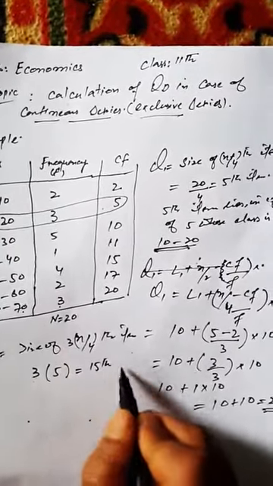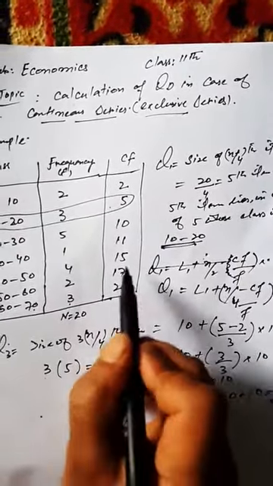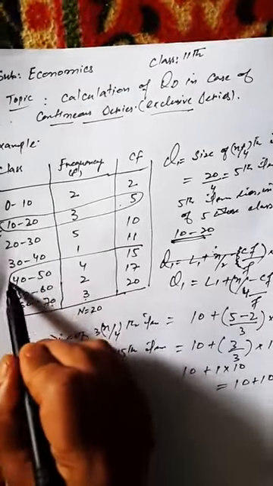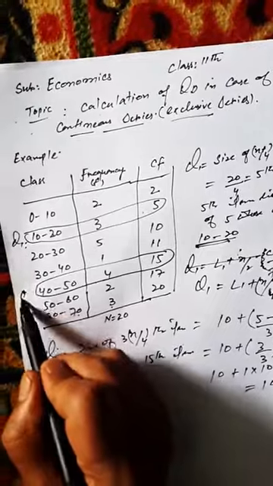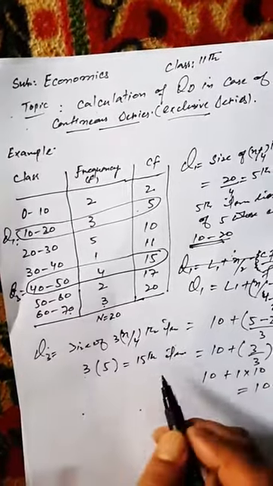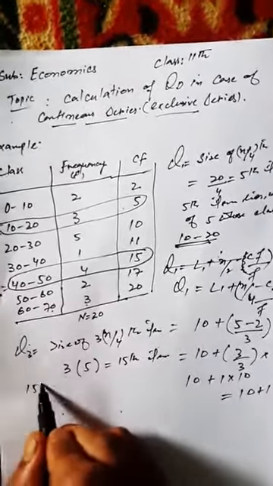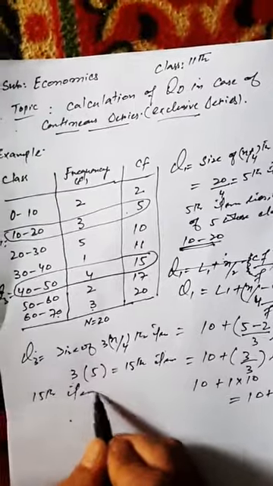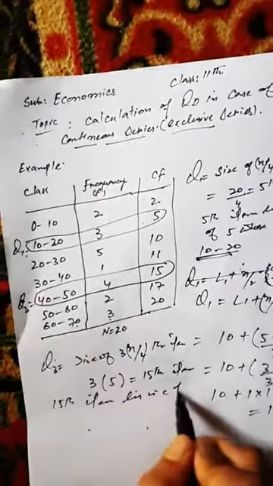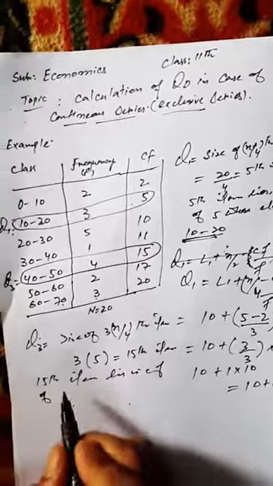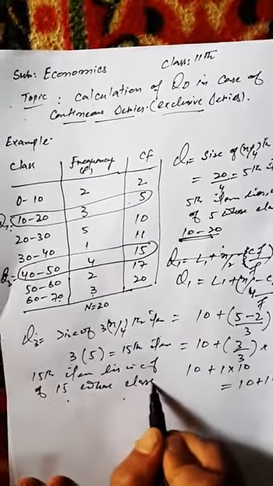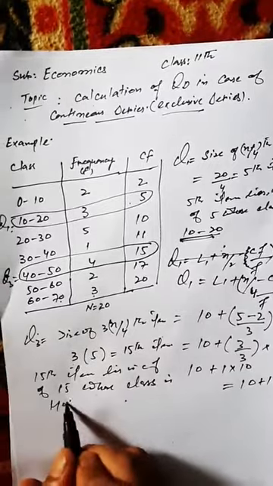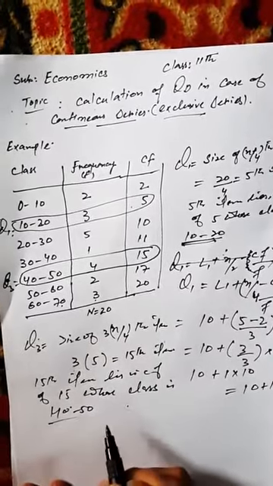So we have to find the 15th item. The 15th item lies in the cumulative frequency of 15, whose class is 40 to 50. So 40 to 50 is our Q3 class.